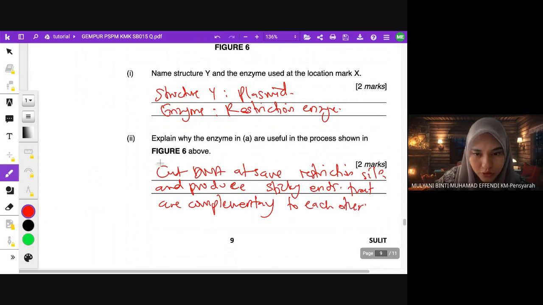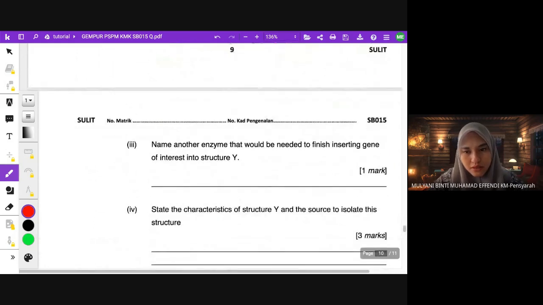Okay, so point kat sini 2 markah. So potong DNA pada restriction site yang sama, 1 point, dan menghasilkan sticky end yang complementary dengan one another lah. Okay, so 2 markah di situ. So next, name another enzyme that would be needed to finish inserting gene of interest into Y. So nak menghasilkan recombinant DNA tu kita perlukan satu enzyme, DNA ligase.